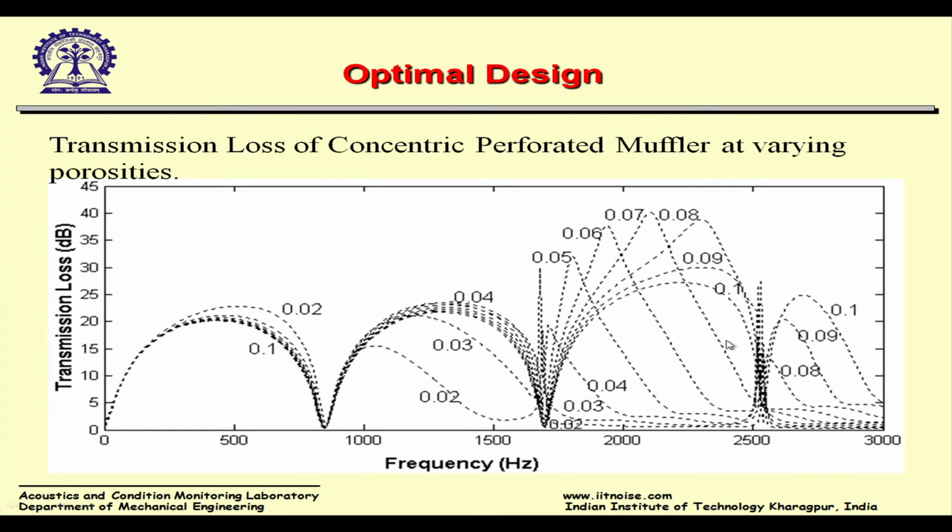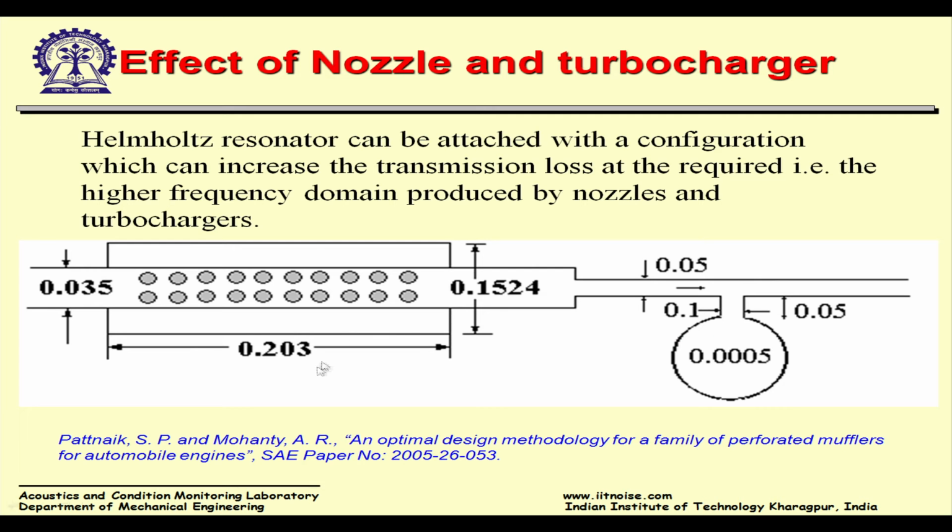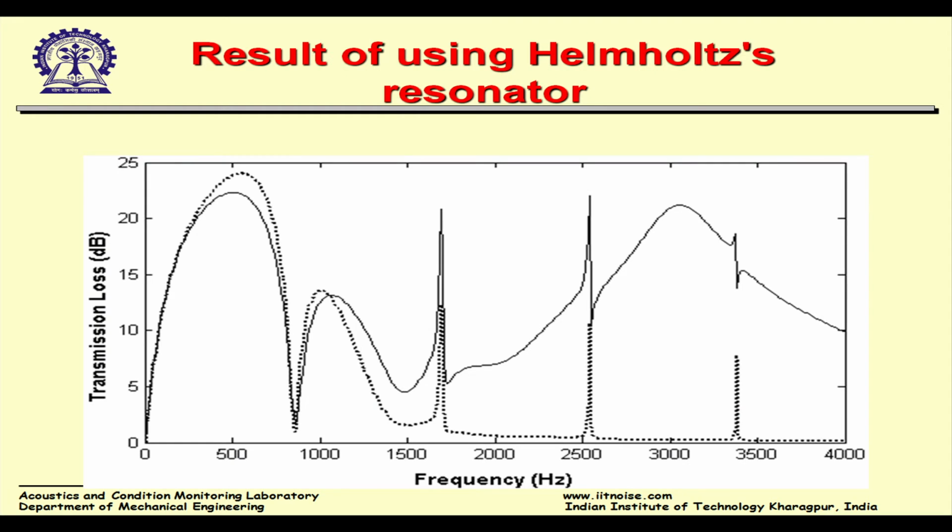You will see how this transmission loss would change. This is from one of our SAE papers. Well, putting a Helmholtz resonator along with a perforated resonator, we can kill some of these frequencies because of this Helmholtz resonator being put. Okay.